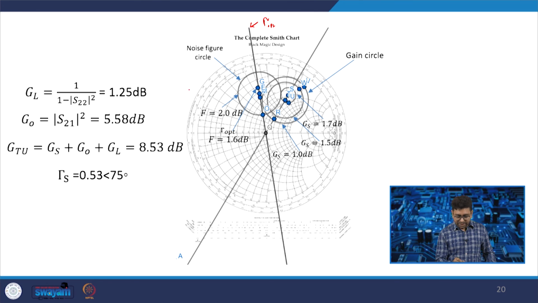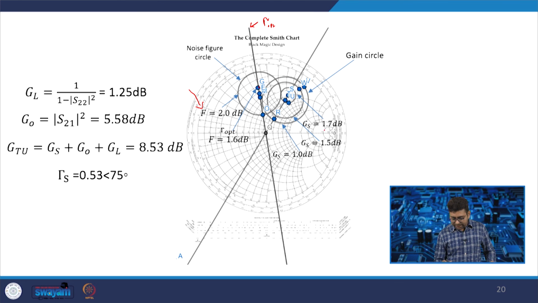So we need to make a circle where F is equal to 2 dB, and you can see that for gamma opt you will get a minimum noise figure that is already defined. Now this 2 dB is our desired noise figure, and we need to plot the different gain circles.